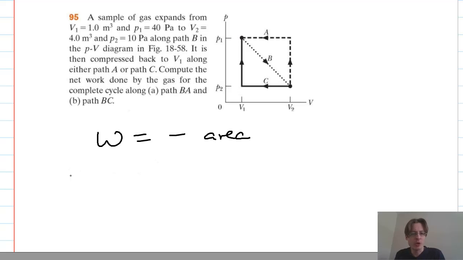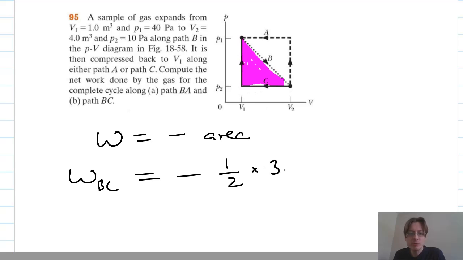Okay, so let's do W_BC. W_BC is going to be minus the area of this triangle, like so. So W_BC will be minus 1/2 the area. The base of the triangle is 3 meters cubed.